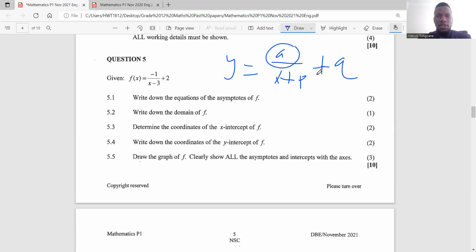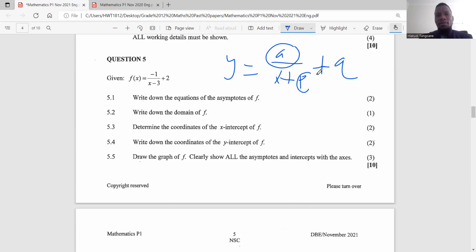If a is positive, first and third, and otherwise second and fourth. We also discussed that x equals minus p is the vertical asymptote, and the line y equals q is the horizontal asymptote, right?